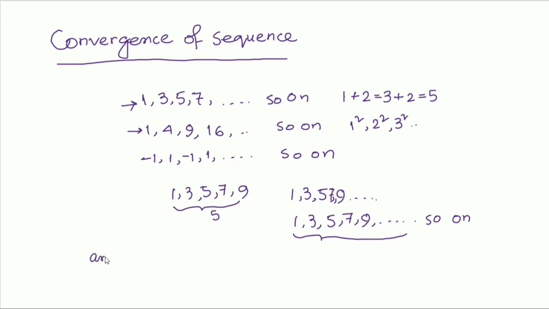We represent the general nth term of the sequence as a_n. If a_n has a finite limit, that is, the limit as n tends to infinity of a_n is finite, then this type of sequence is known as a convergent sequence.